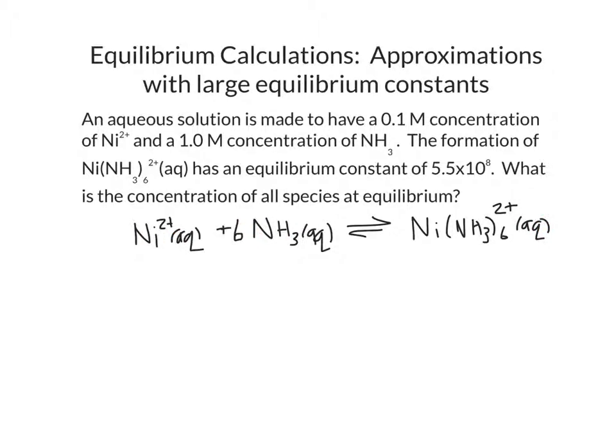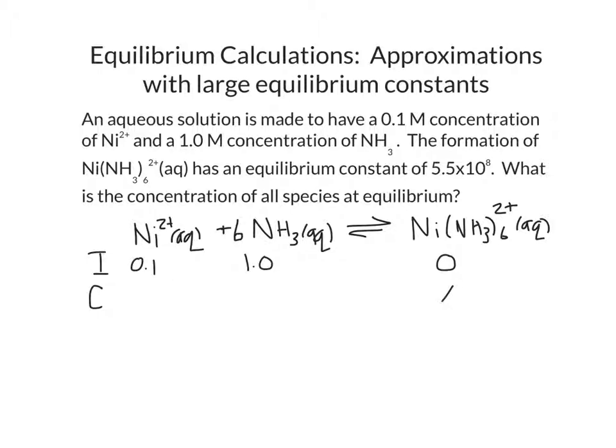So I'm told that I start with a 0.1 molar solution of the nickel and a 1.0 molar solution of the ammonia. I don't have any of the nickel amine to start with because I didn't put any of that in my beaker. So when I look at how I get to equilibrium, I'm going to have to make some nickel amine.